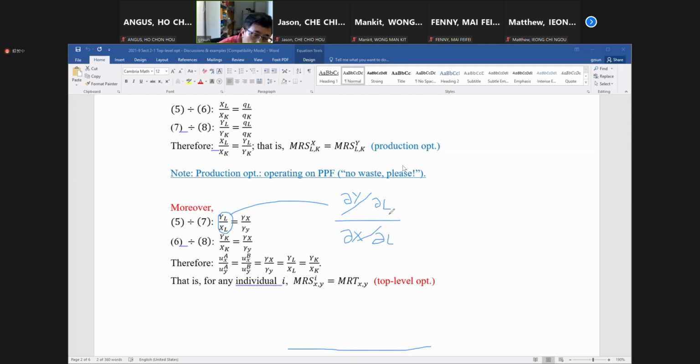Now, how do we understand the meaning of the whole term? If we have one more labor to produce Y, how much Y can we produce?